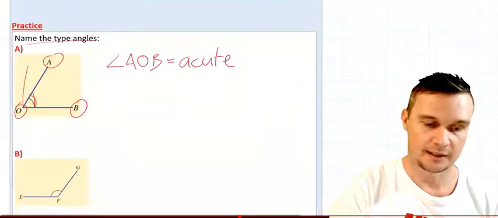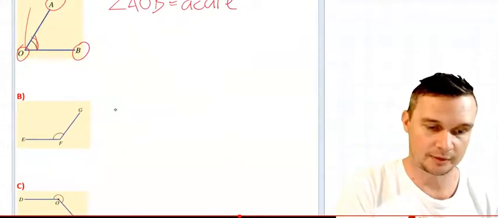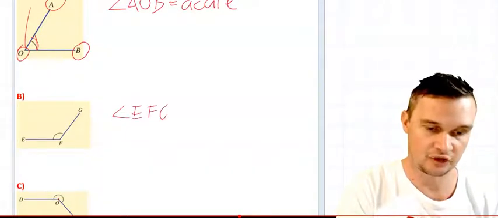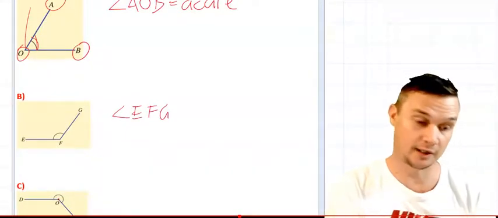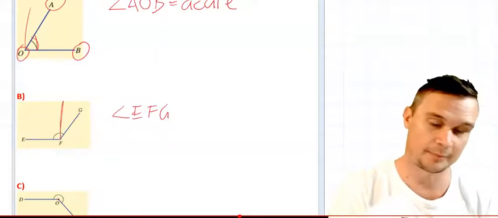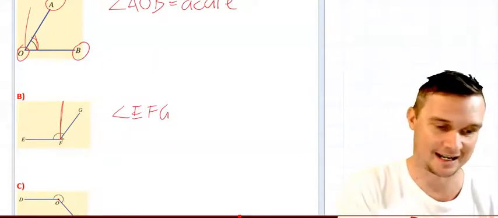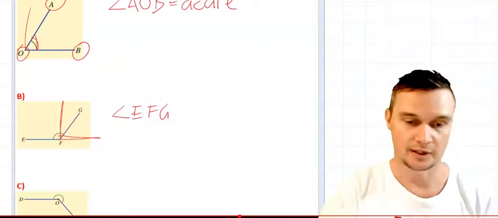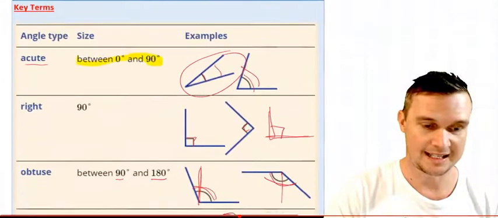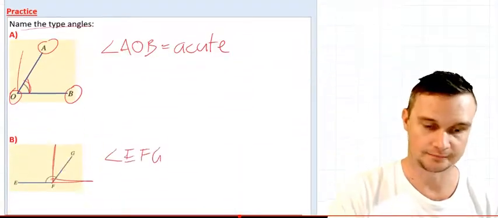Now we move to B, the angle EFG. It's above 90 degrees but less than 180, which is a straight angle. As we look back, we can see that it is an obtuse angle.